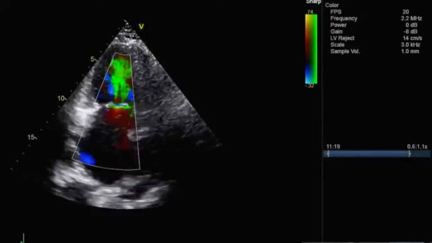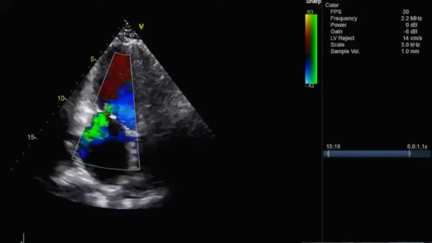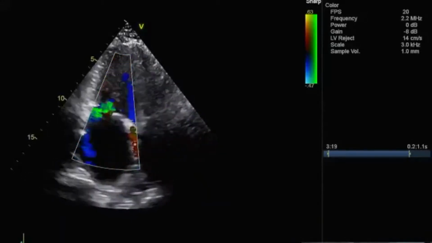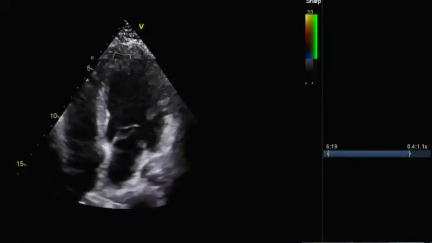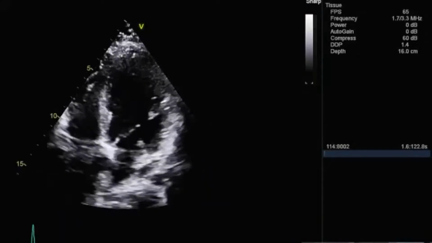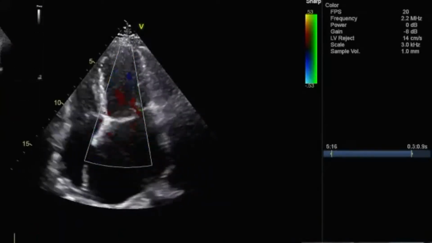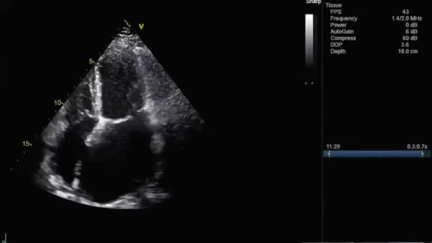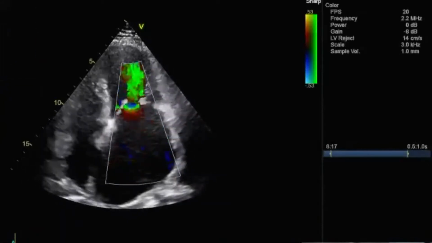Although this is an eccentric jet and I can't change this, although I can change the Nyquist limit, I'm not able to change the velocity pattern. So what we tried to show was PISA. Whenever the time comes, we'll try to organize that patient and show you the PISA.